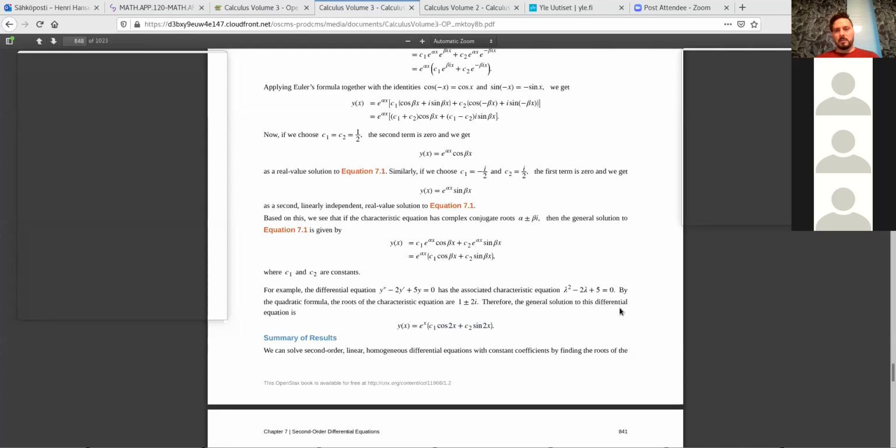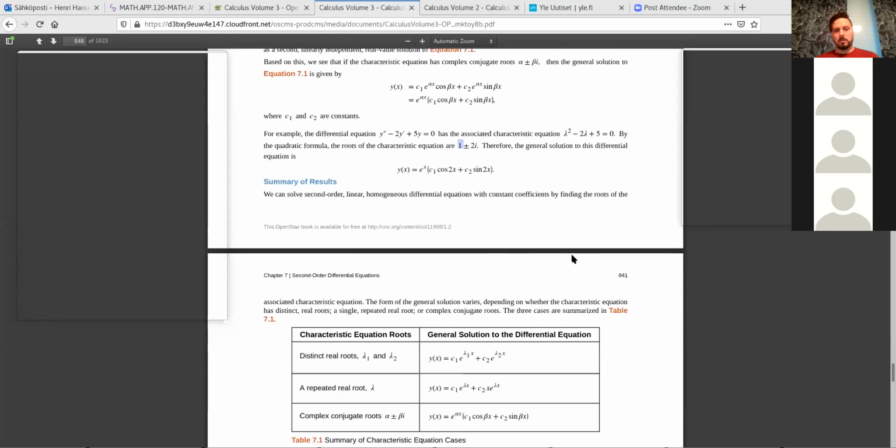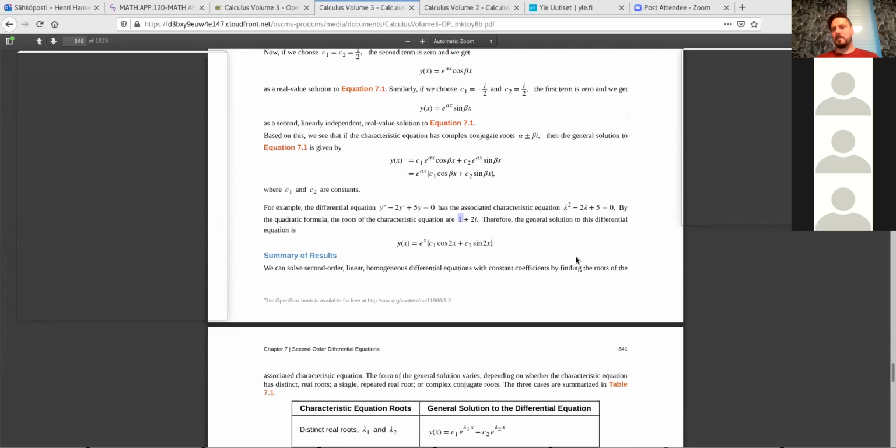So if, for instance, the roots are 1 plus or minus 2i, then this 1 becomes the exponent, and these come out as imaginary. If the real value here is 0, so it just has imaginary roots, which may happen, like if we have y prime prime plus y equals 0, then the characteristic equation becomes k squared plus 1 equals 0.